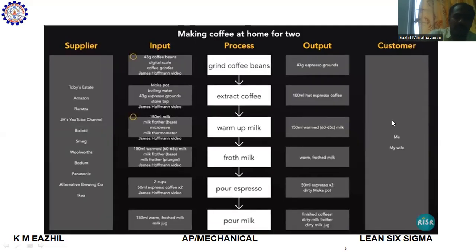Here, the input parameters for the coffee are shown in detail, and the specific input parameters will give the desired output, and the customer is 2 people, as already said in the diagram. This is how the SIPOC process is done.